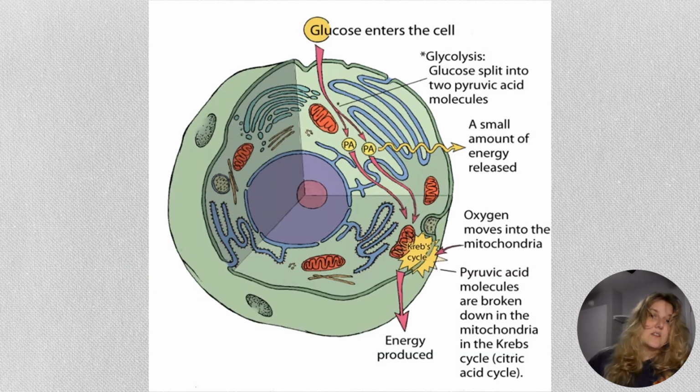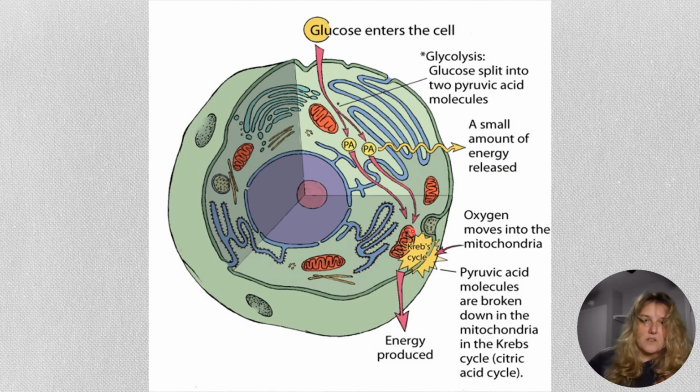So you can see this is the whole process from beginning to end. That glucose is given permission to enter the cell. It opens that little channel and allows it to come in. It's floating around here in the cytoplasm. Glycolysis occurs. That glucose is going to break in half. You're going to create 2 pyruvic molecules, and you're also going to release some ATP. So you got 2 from that.